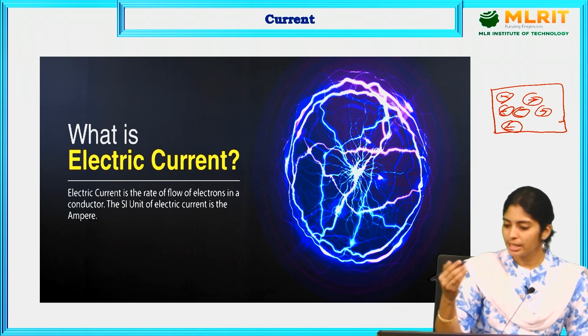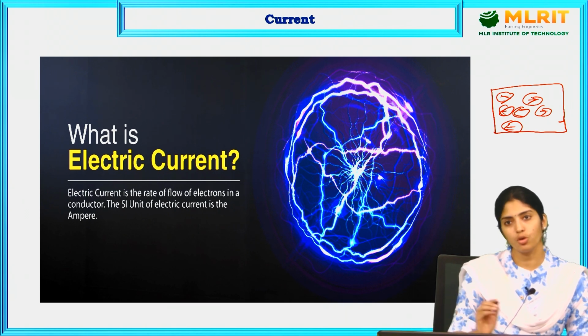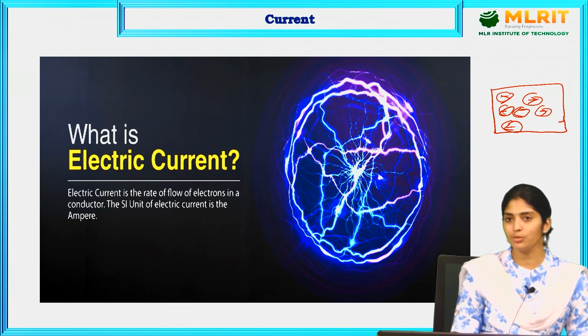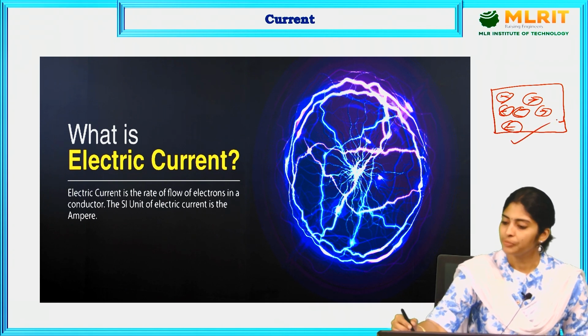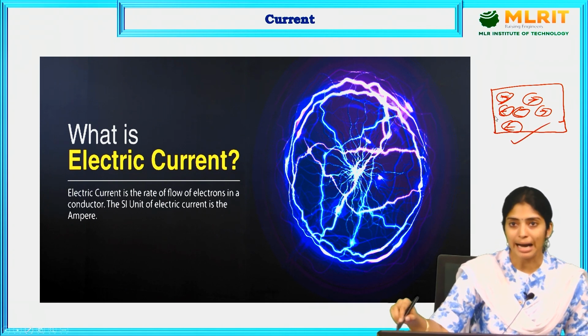If there are disparities or differences in the direction of flow of the electrons, then we can't determine the direction of the current. So we have to forcibly make all the electrons flow in a unidirectional manner. Initially in this material, the electrons flow in random directions.